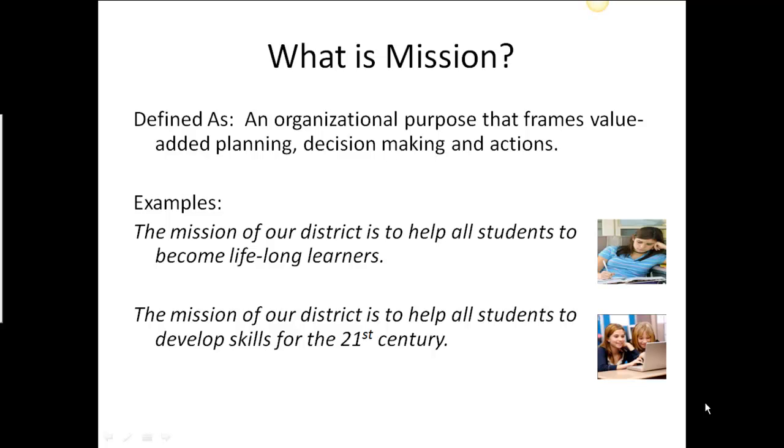Do those things that I do, the planning, decision making, and actions that I take, actually add to the mission statement? So it's important to understand what your mission statement says.